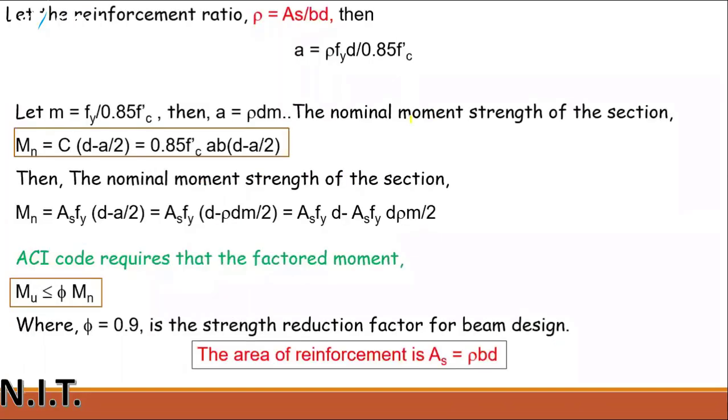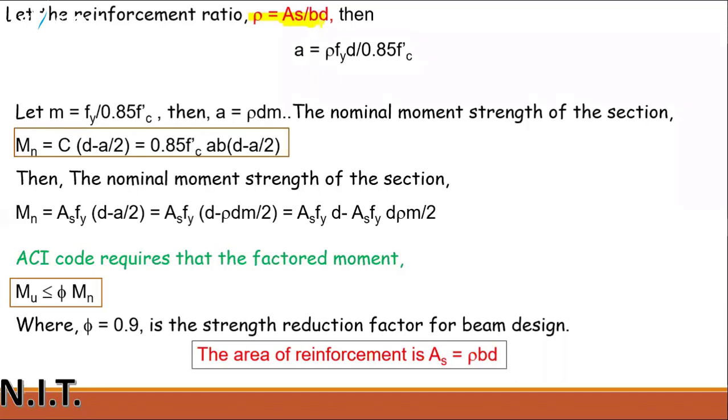Because we are incorporating the reinforcement ratio, which is equal to area of steel divided by b d, where b is the width of the beam, As is the area of steel, and d is the effective depth of reinforcement.